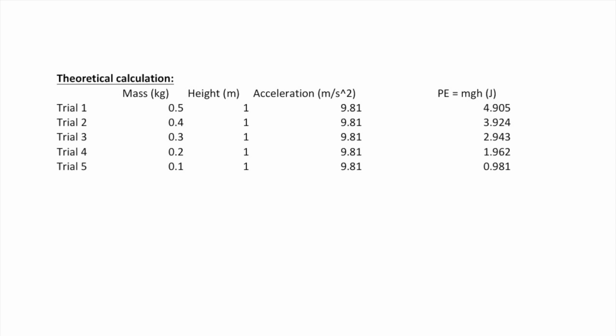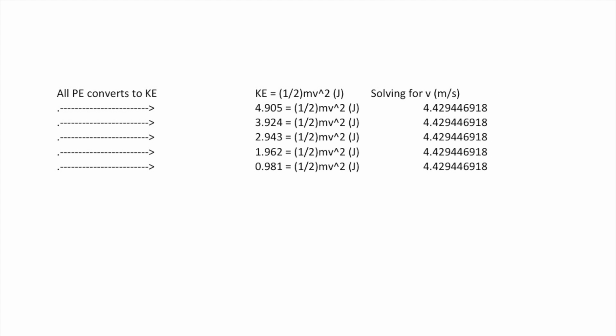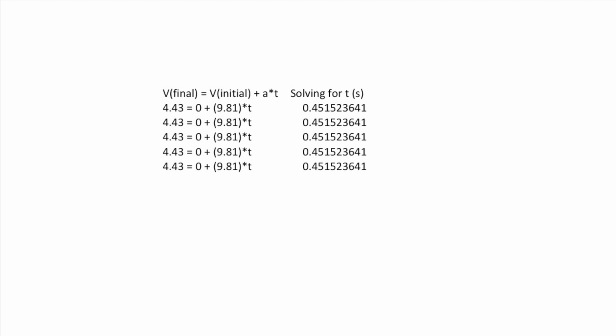To conduct our experiment, we did 5 trials of dropping different masses of water bottles to determine the time it takes for the force of gravity to pull the bottle 1 meter. Using conservation of energy, our theoretical calculation showed that no matter what the mass is, the bottle would fall 1 meter in about 0.45 seconds.